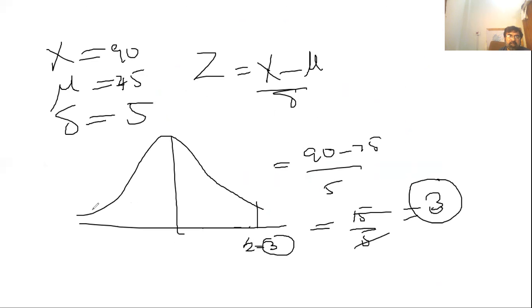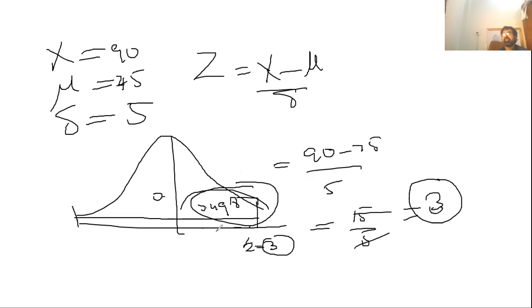So this area up to 3, from here to here, is 0.4987. For a z-score of 3, the area is 0.4987.